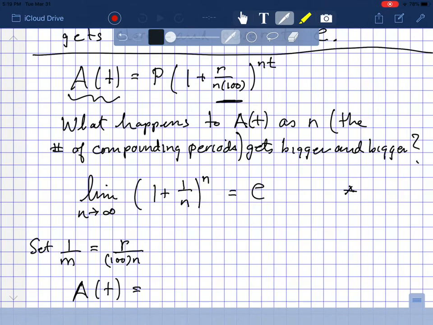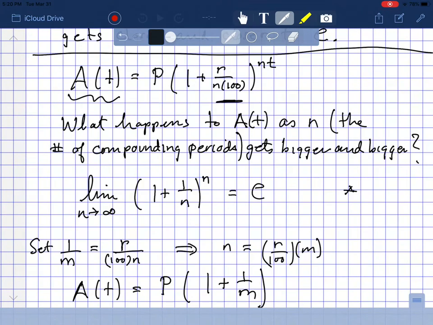That means that I can write A of t as p times 1 plus 1 over m. That's kind of nice. And then here I have n times t. Notice that n is equal to r divided by 100 times m.